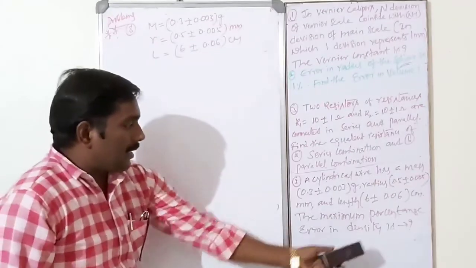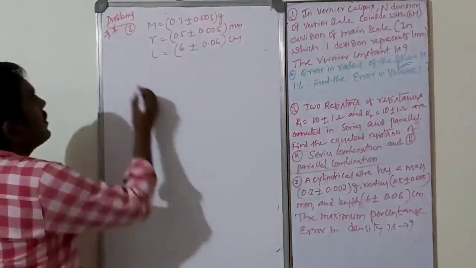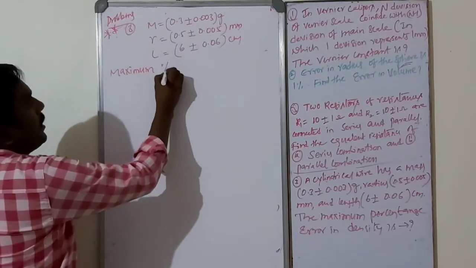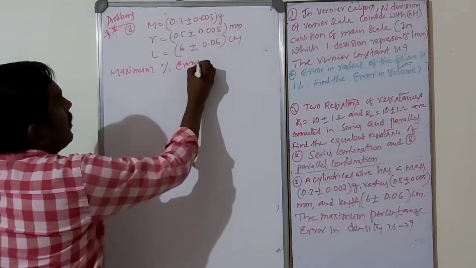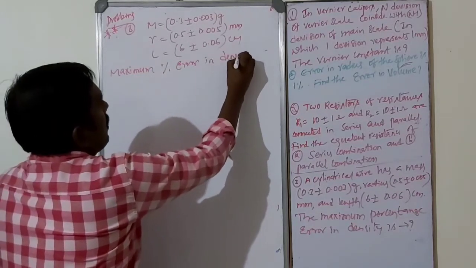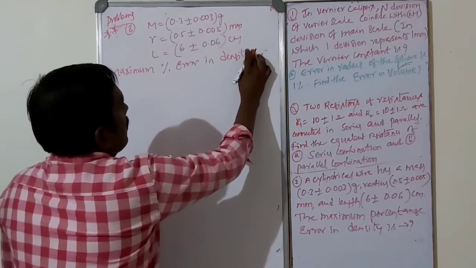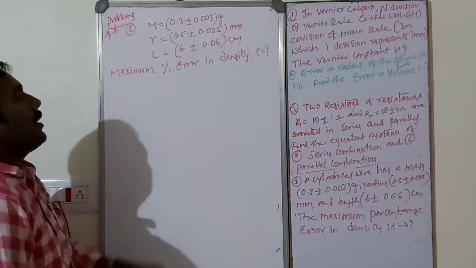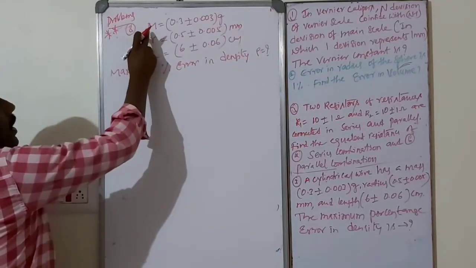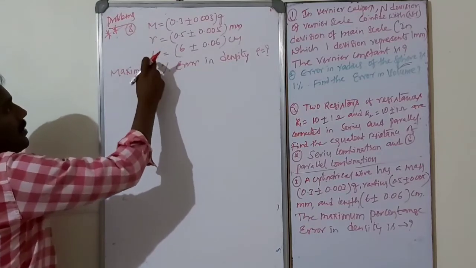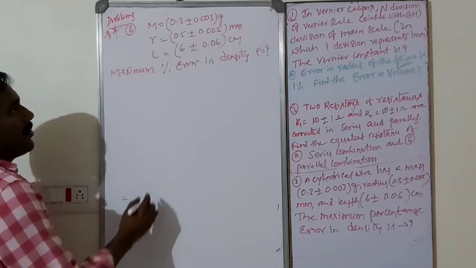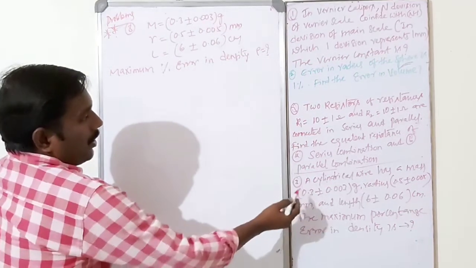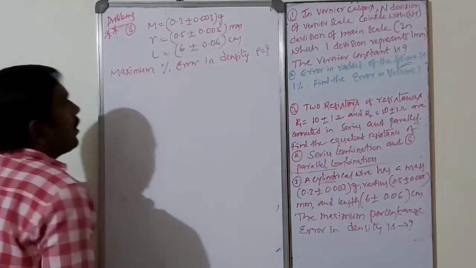Find the maximum percentage error in density. Very easy problem. This is the mass, this is the radius, this is the length.